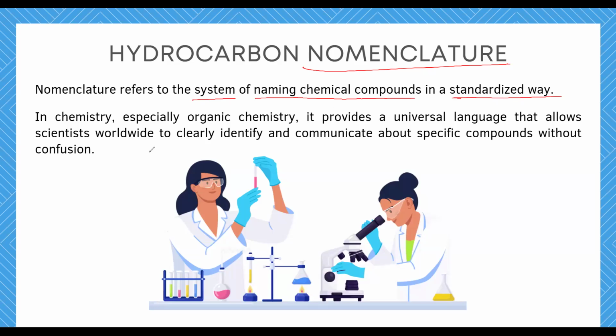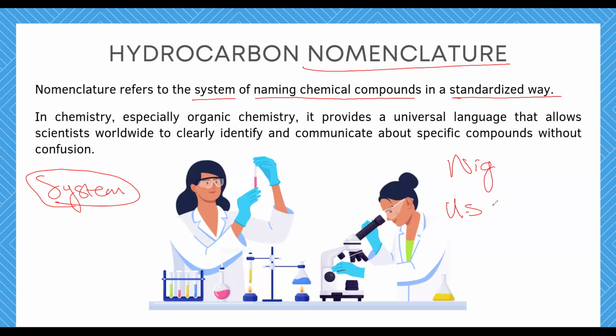In science, we don't just name stuff arbitrarily. There is a particular system that is used. That is why, whatever a chemical compound is called in Nigeria, when you go to the United States, the name does not change. The name remains the same.